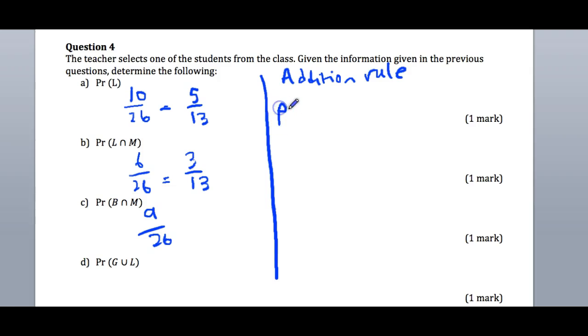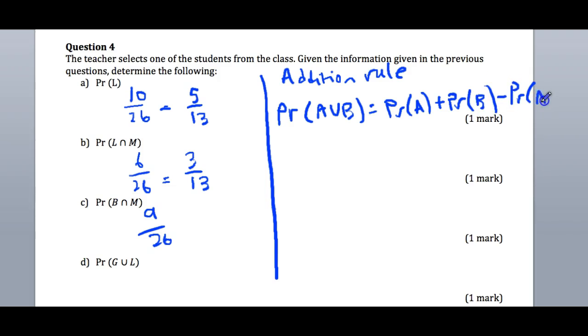So that means the probability of A or B equals the probability of A plus the probability of B minus the probability of A and B. Now, what this is basically saying is we're adding A, adding B, and because we're doubling up, when you think about the Venn diagram, if we're adding A and then adding B, we're actually including that middle bit twice, so we've just got to take away one of them, so we're only including it once, which is what we want.